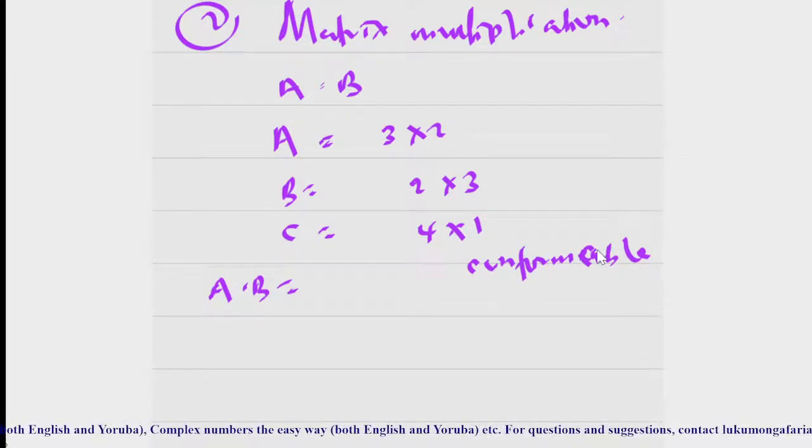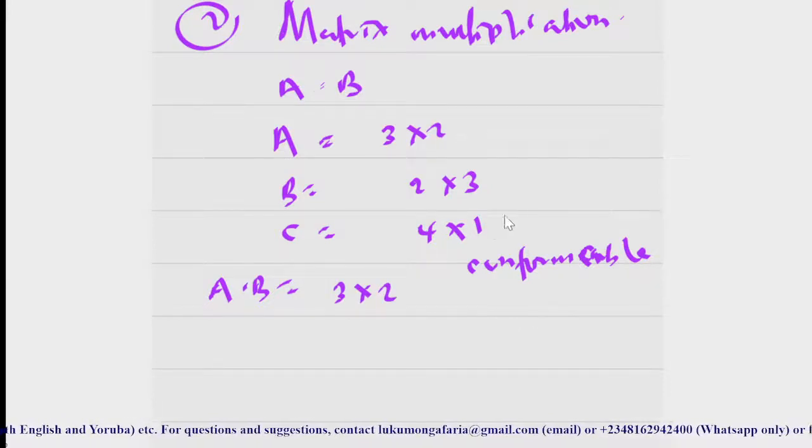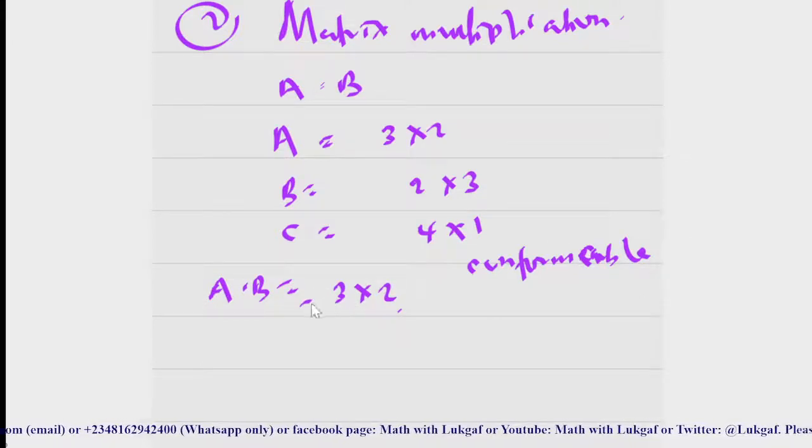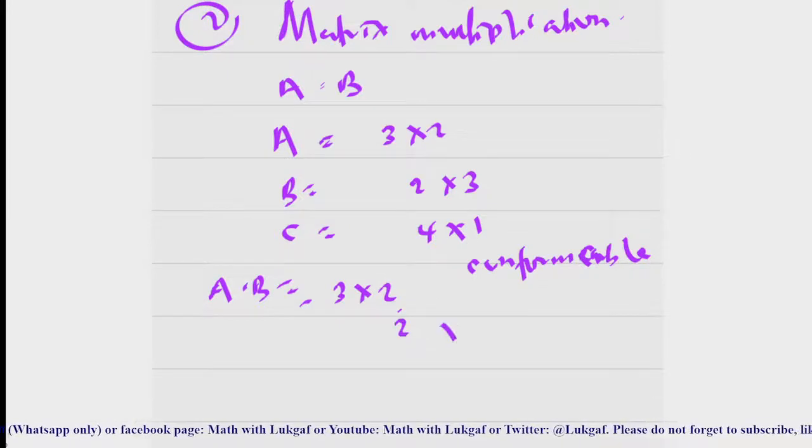To check whether they are conformable, like I've said, you write the order of the first matrix. The order of the first matrix here is 3 by 2. Then you write the order of the second matrix immediately after. So A is 3 by 2, then your B is 2 by 3.